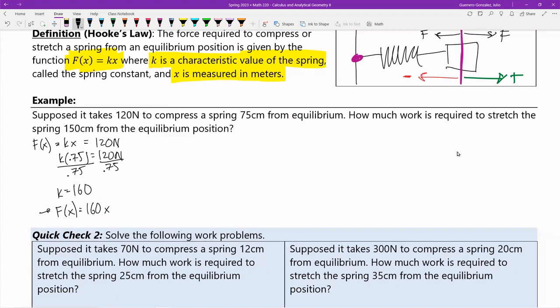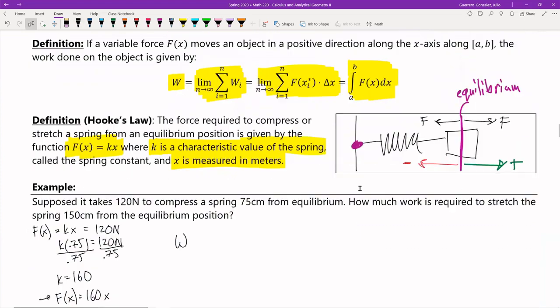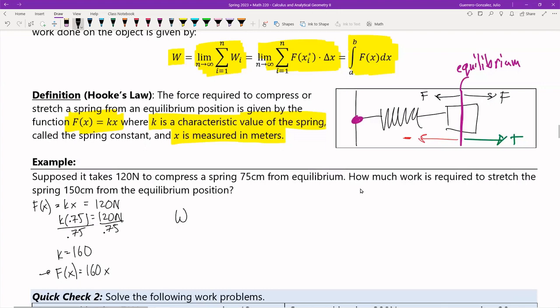Okay, so now the question is this. How much work is required to stretch the spring 150 centimeters from the equilibrium position? So our work, did I put the equation up here? Of course I did, there it is. Notice how the work equation goes. It's the force times dx.